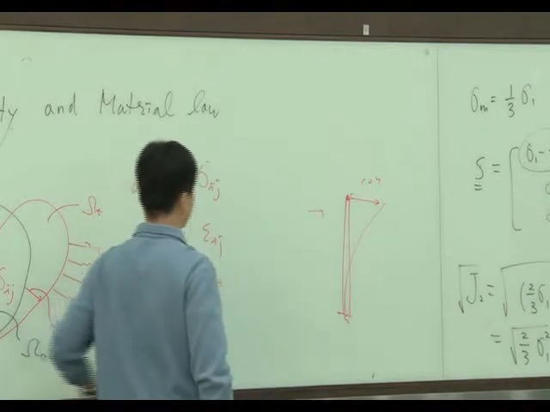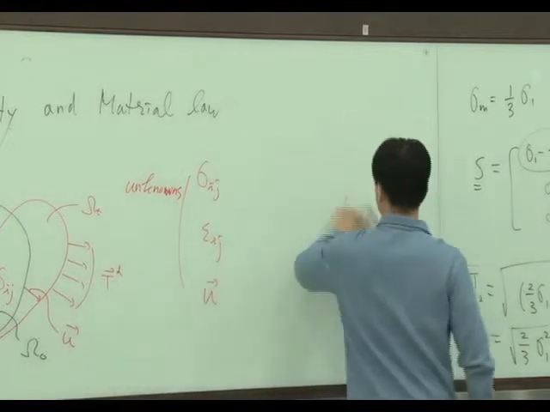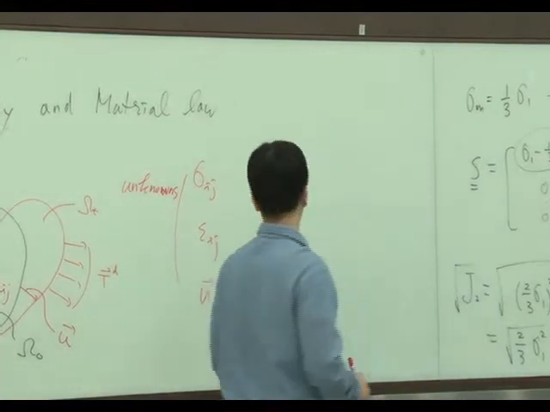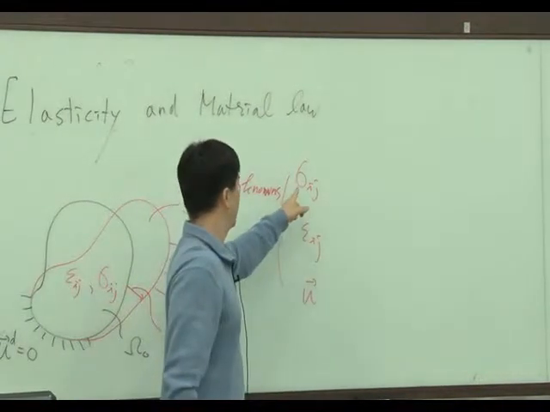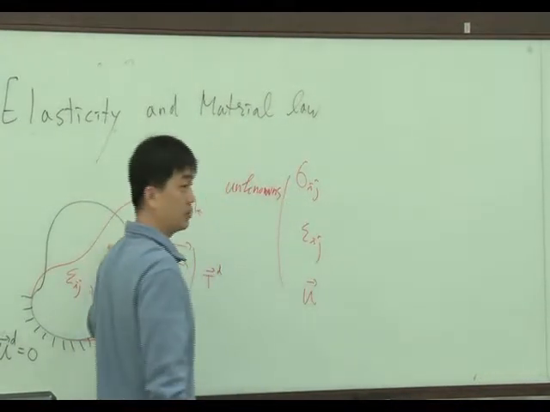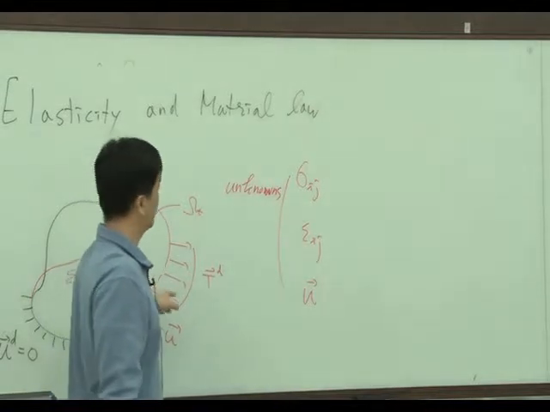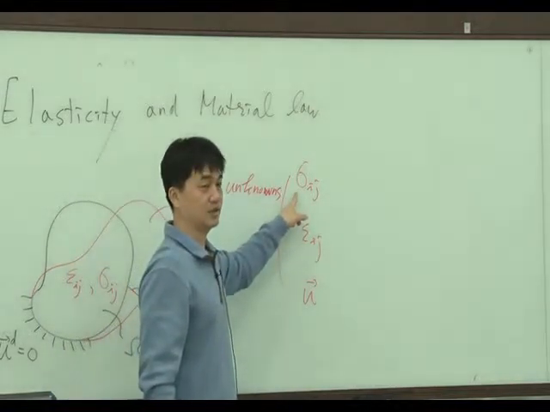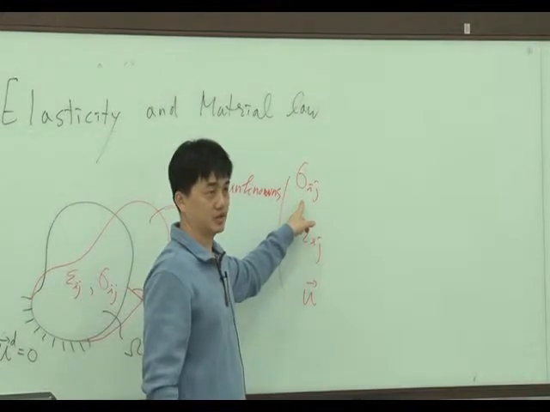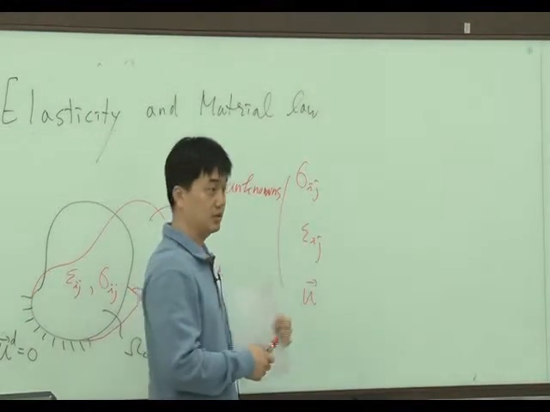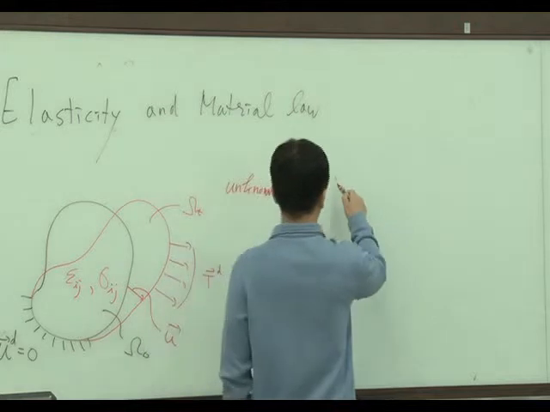We need to find this. So how many unknowns do we have? At all the material points, we need to find stress. How many independent stresses do we have? 6, because stress is symmetric.